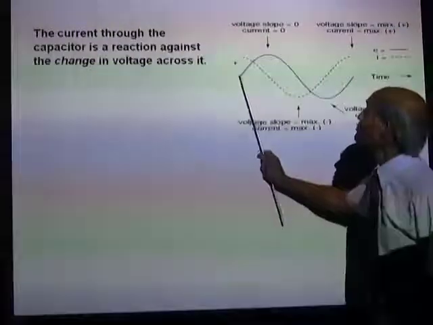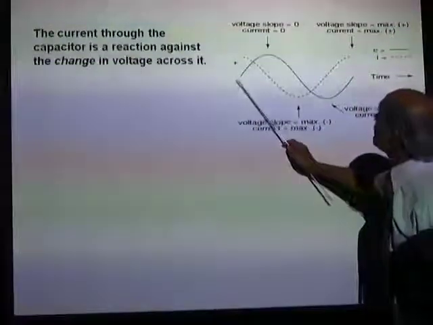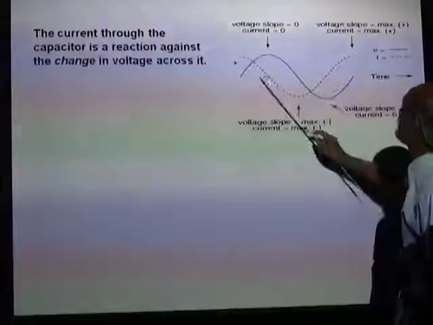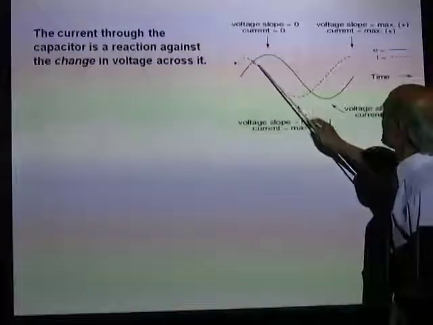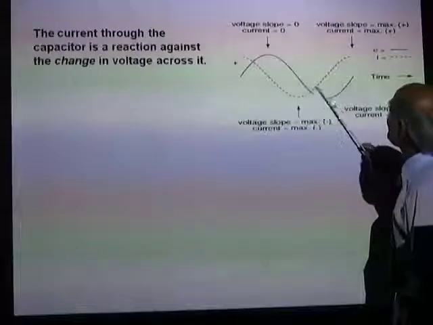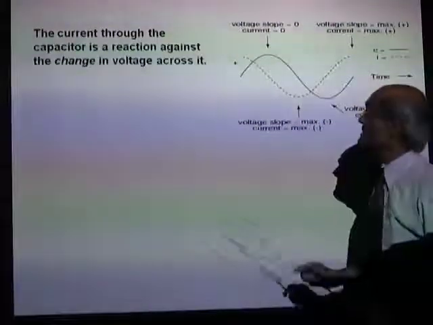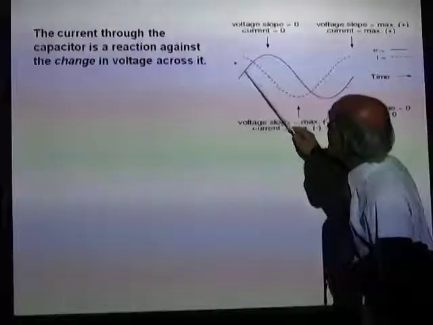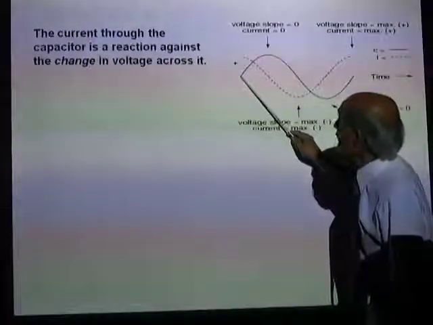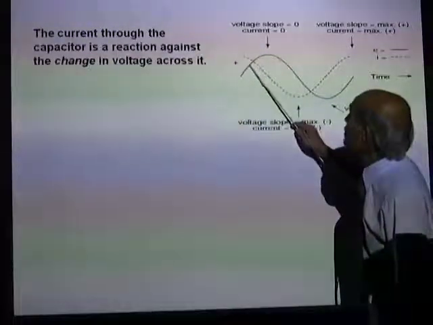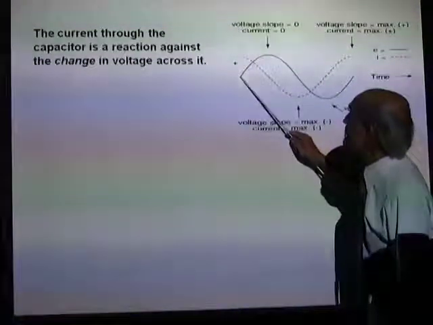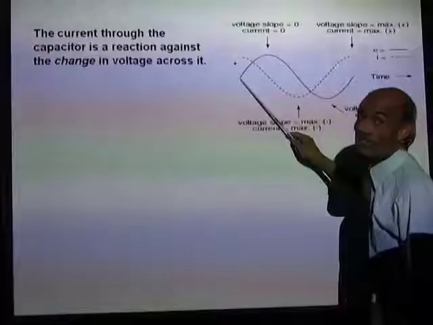I want you to watch these two drawings. Now, the blue drawing is the voltage across the capacitor, and the red, I don't think it shows as red in the broken lines. Now, look at the slope of the blue line. The slope is maximum here, the slope reduces and becomes 0. So the rate of change of voltage is maximum.